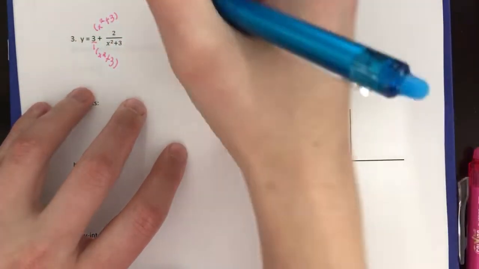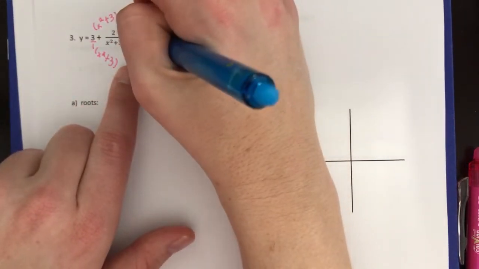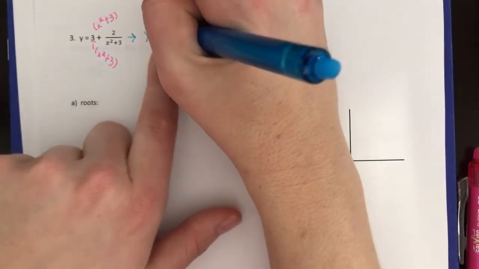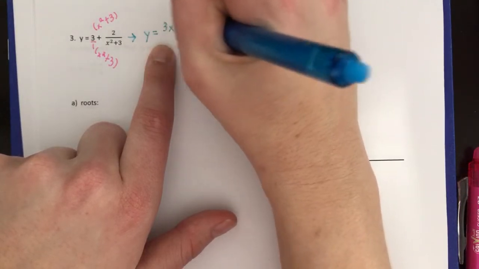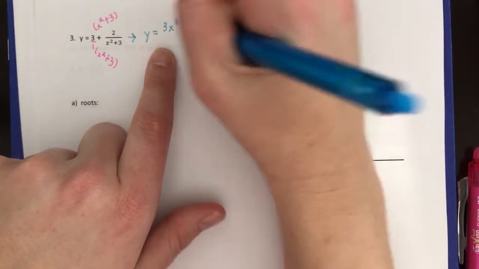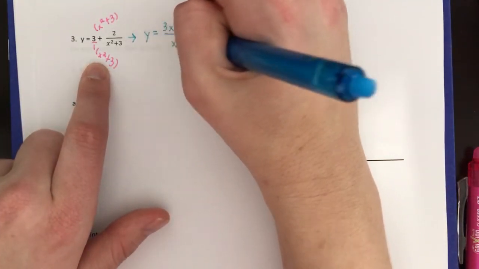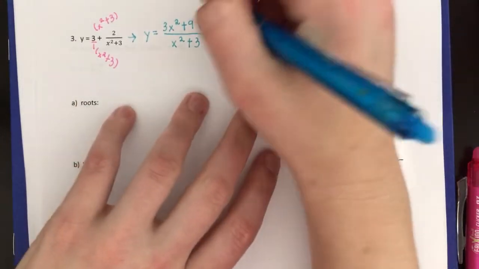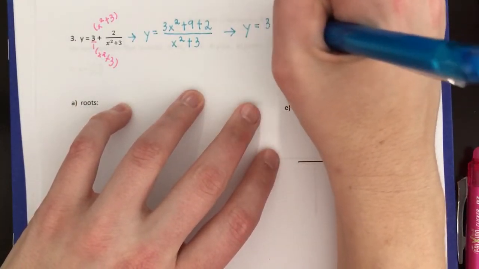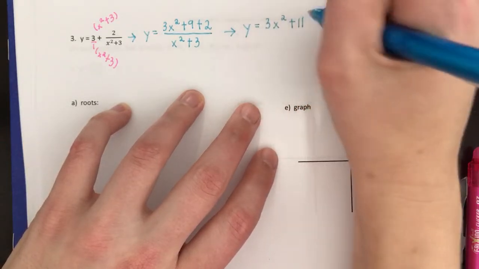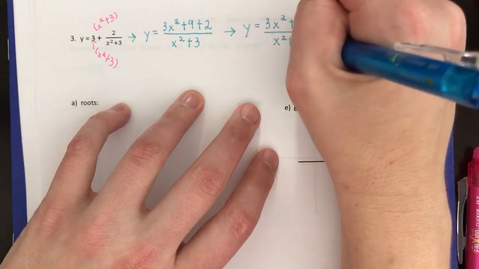So in other words, this is y equals 3x squared plus 9 plus 2 over that common denominator of x squared plus 3. So really, in other words, this is y equals 3x squared plus 11 over x squared plus 3.